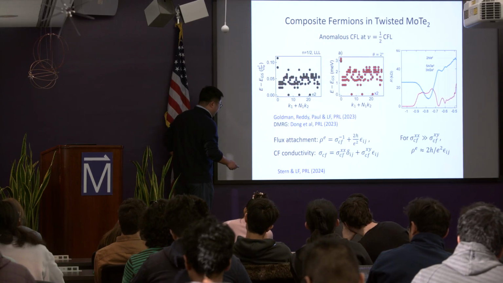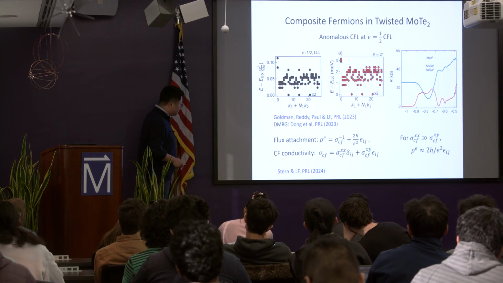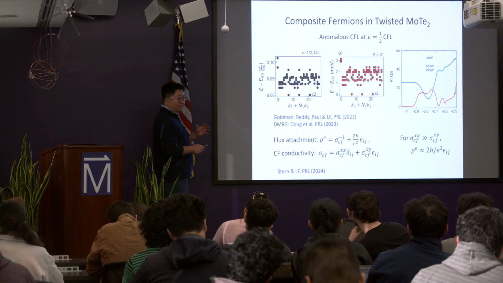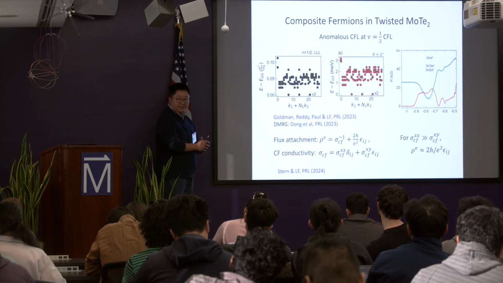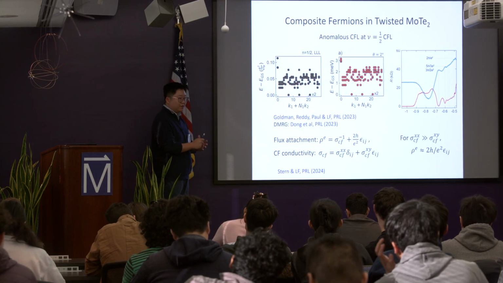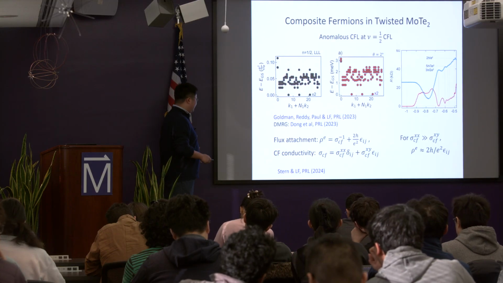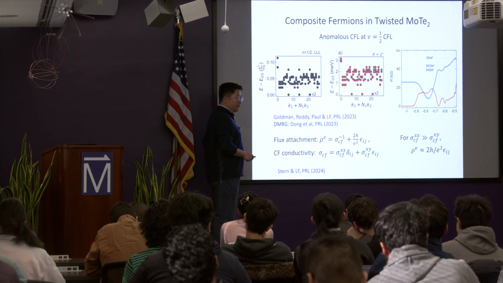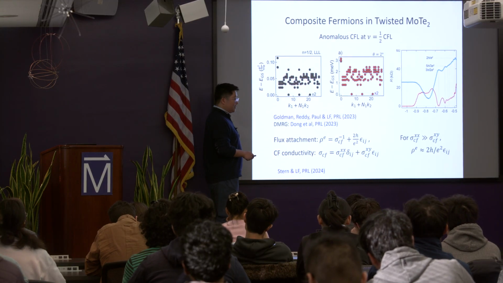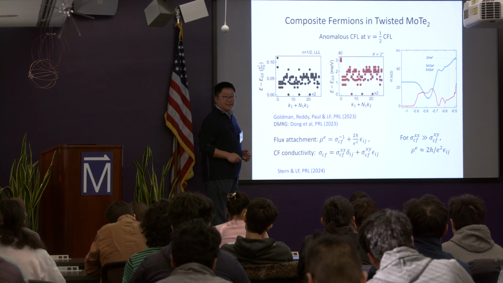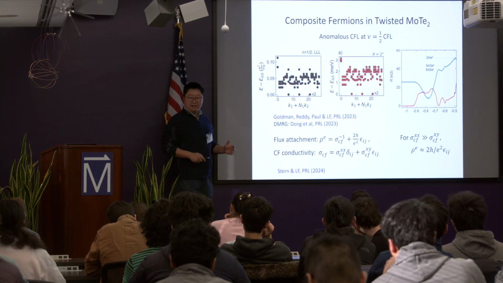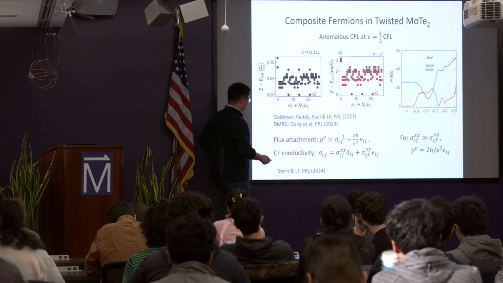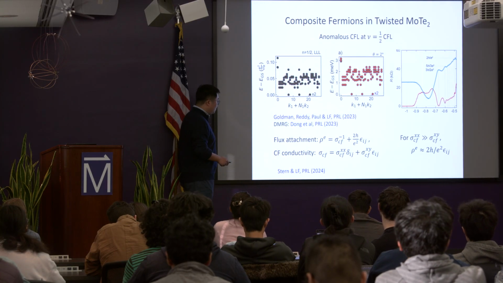So with Ady Stern, we studied this problem. Because the composite fermion state is obtained by flux attachment, attaching two flux quanta to an electron to convert it to a composite fermion, there's a general relation between the electron resistivity and the resistivity of the fractionalized particles, the partons. This is sometimes called the Ioffe-Larkin rule.